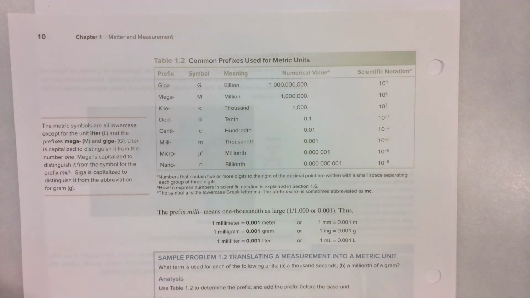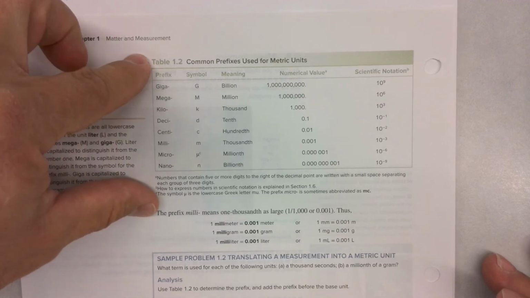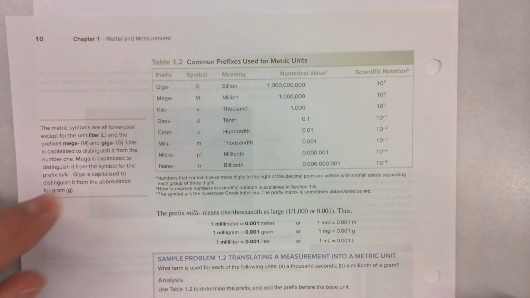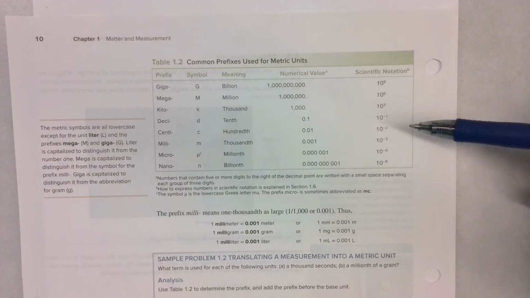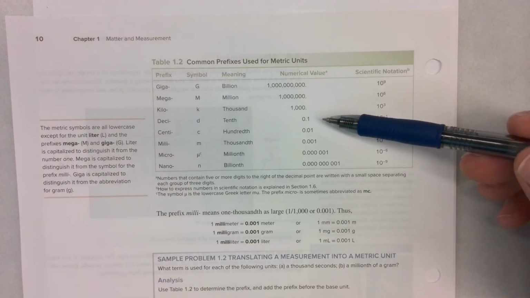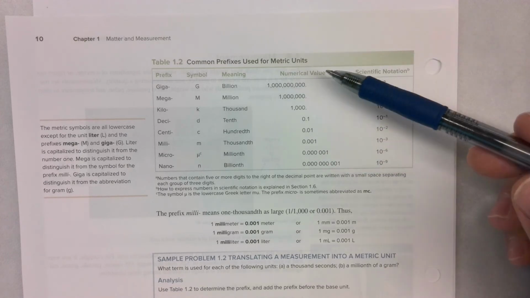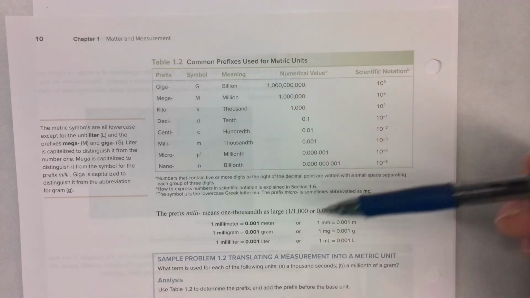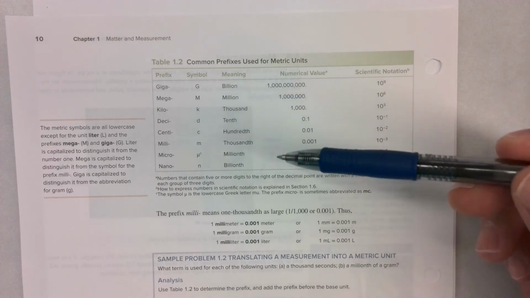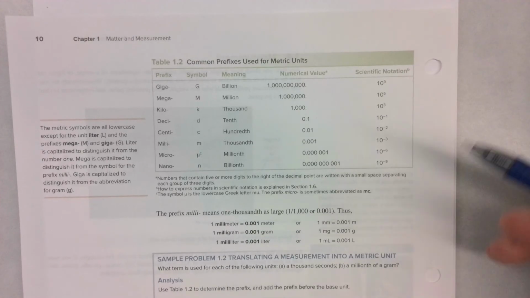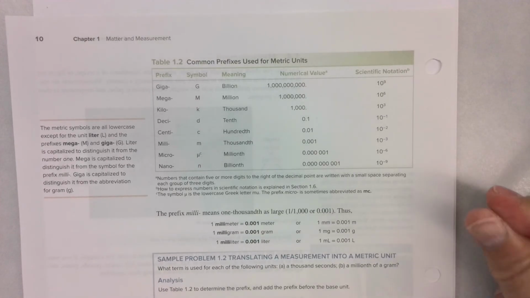You are going to have to know this: how to go from one of these to the next. Now this starts off with units of 10, and then it goes to units of thousands or thousandths. But you need to know at least those 1, 2, 3, 4, 5, 6, 7, 8. Know them, or write them down on your 3x5 for the test.